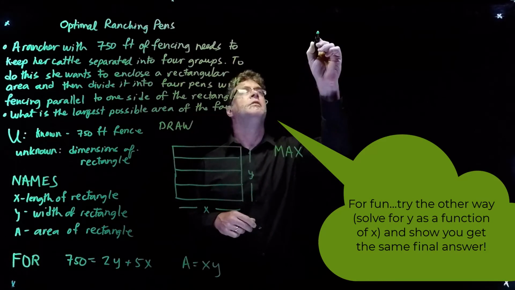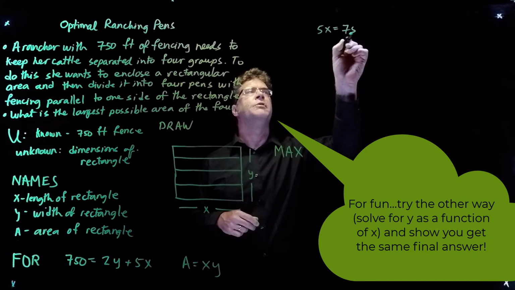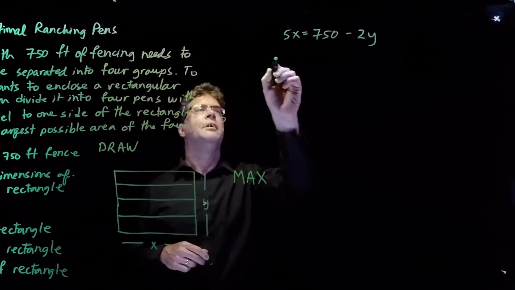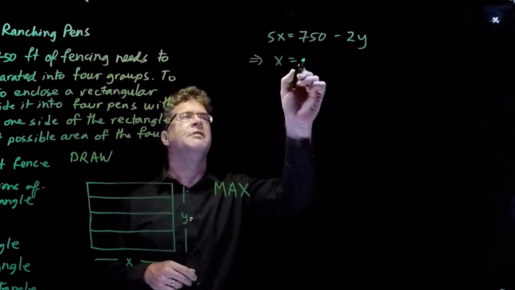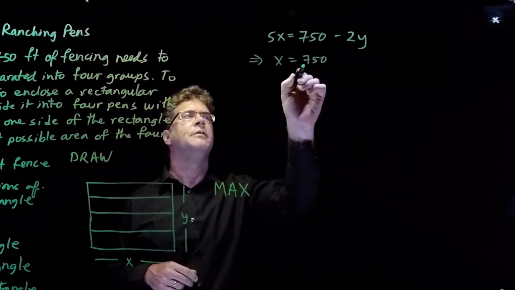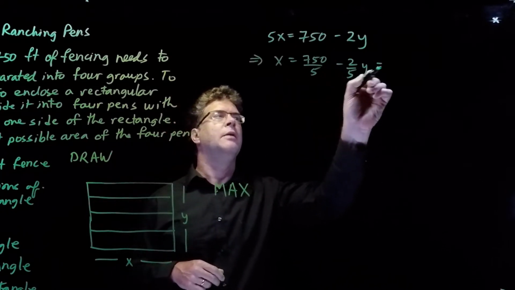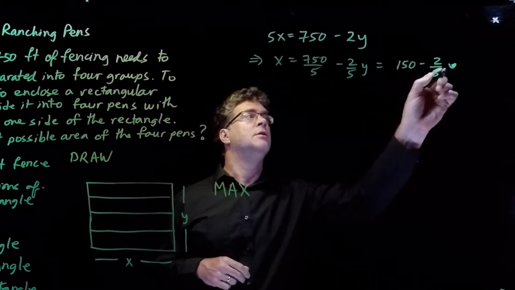And so we have 5x is equal to 750 minus 2y. Therefore, dividing by 5, we have x is 750 over 5 minus 2/5 y. And this is equal to 150 minus 2/5 y.